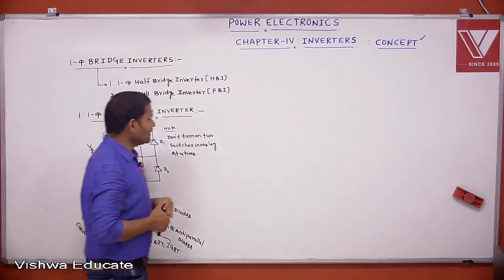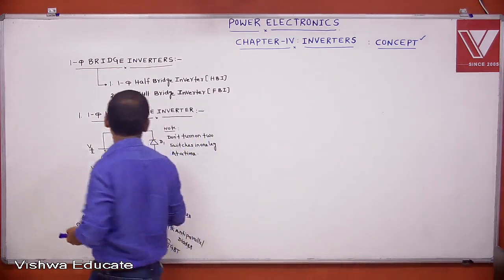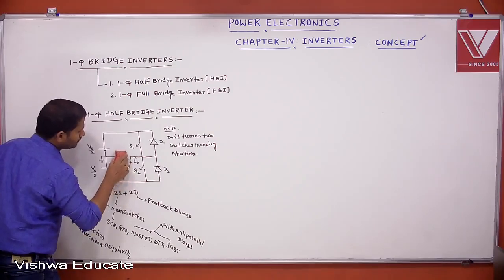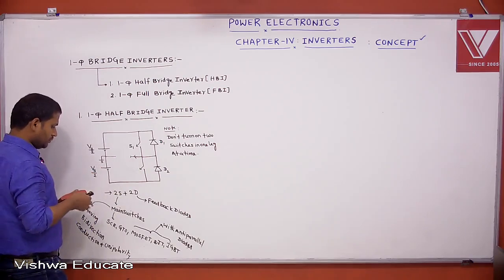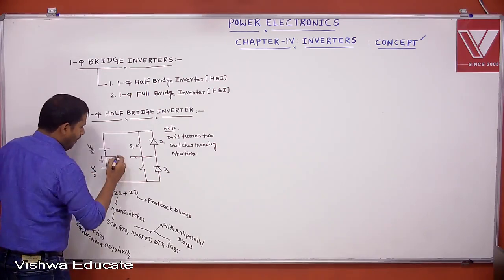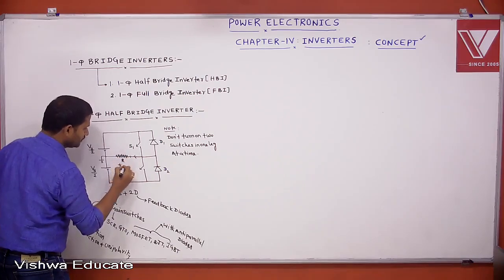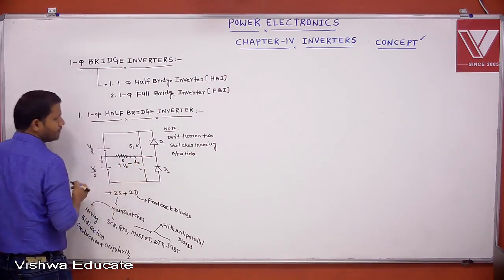Now see for R load. I want to explain this circuit for R load operation. Then replace this by R load, purely resistive load.